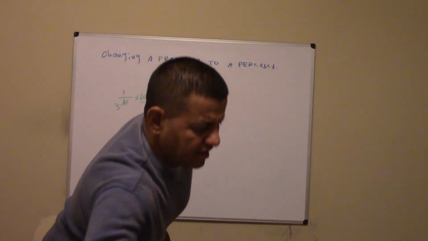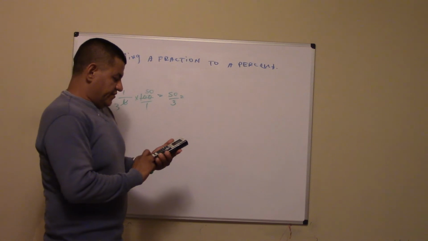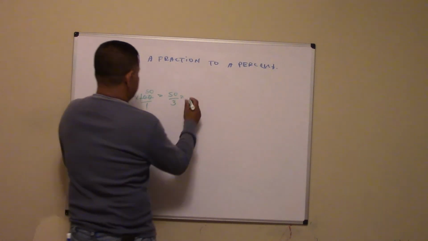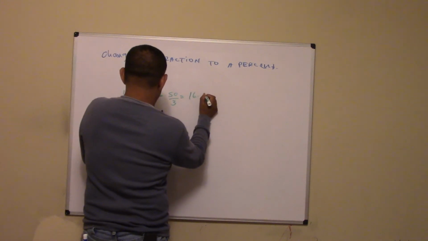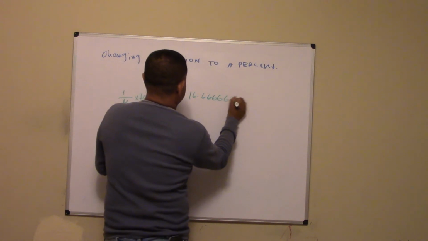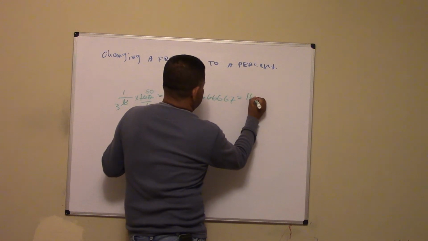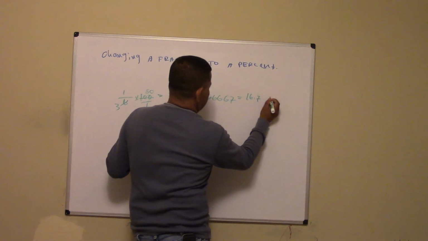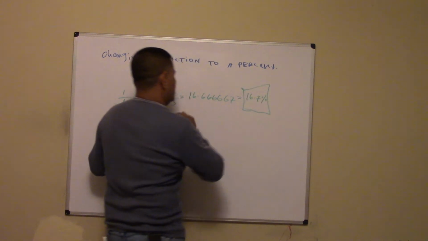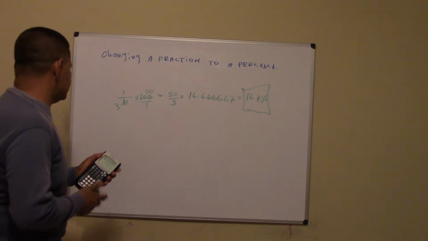And let me do it with the calculator so I can do it fast. Okay, so 50 divided by 3 is nothing but 16.6666 and another 6 something like that, which you can round up to 16.7, and then you can add a percent sign and you're done with it. Okay, and this makes sense, right?